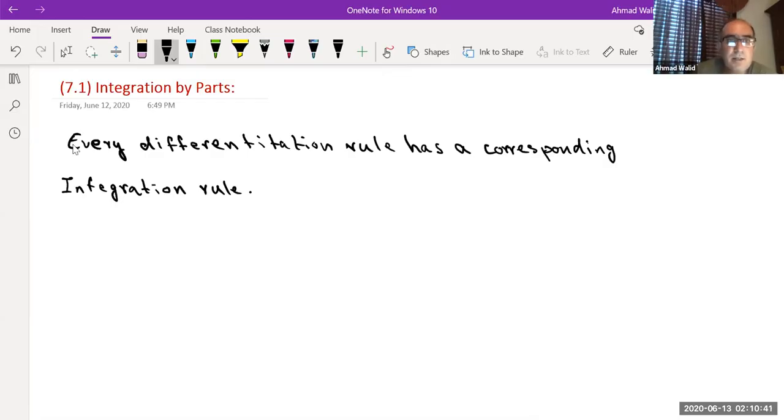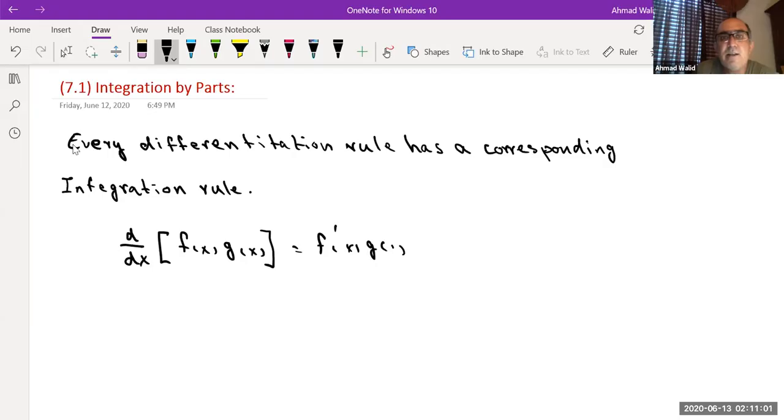You remember your product rule from differentiation? d/dx of f(x) times g(x) equals f'(x) g(x) plus f(x) g'(x). That was your product rule.